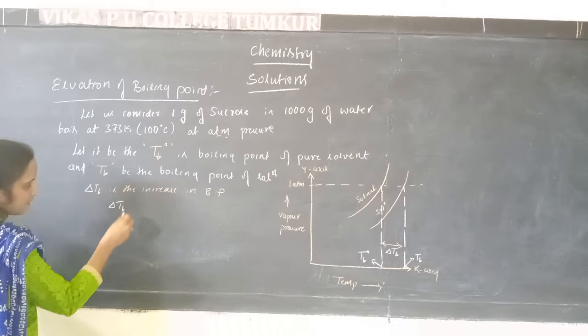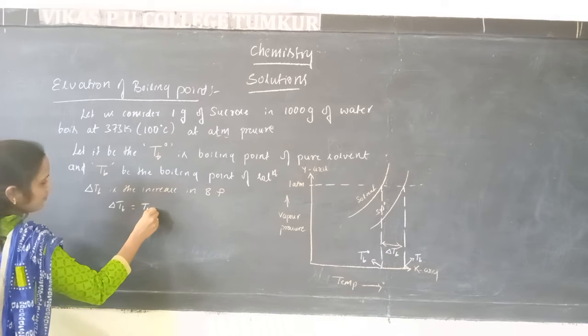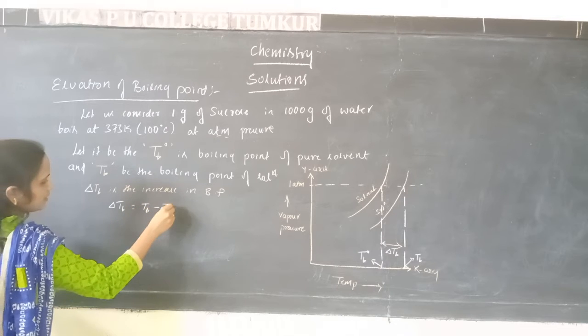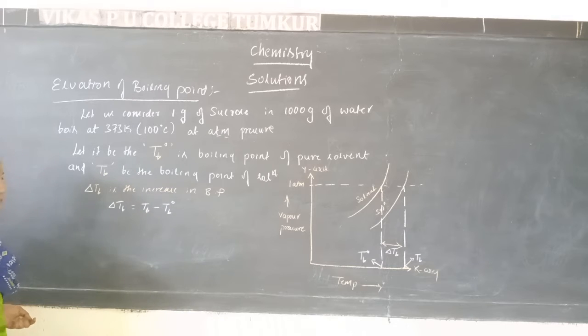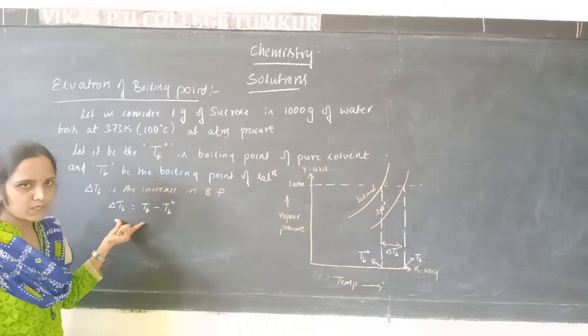Therefore, delta TB is equal to TB minus TB naught, and this we call the elevation of boiling point.